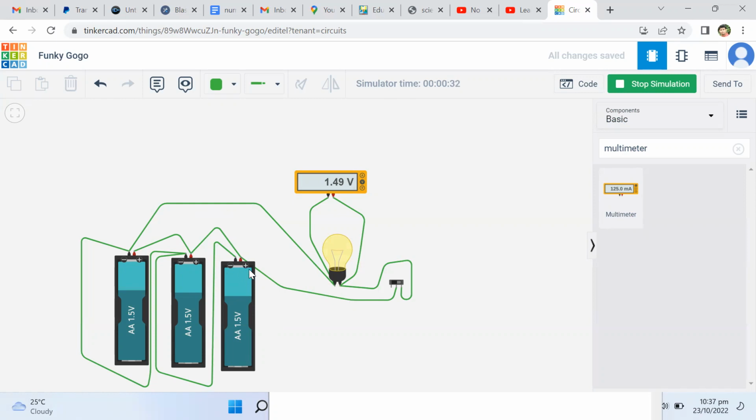Actually, we didn't measure the amperage of one, but when you are connecting these batteries, this is a parallel connection. When you're connecting the batteries parallelly, the number of ampere hours, the time that you can use these batteries, will be increased.